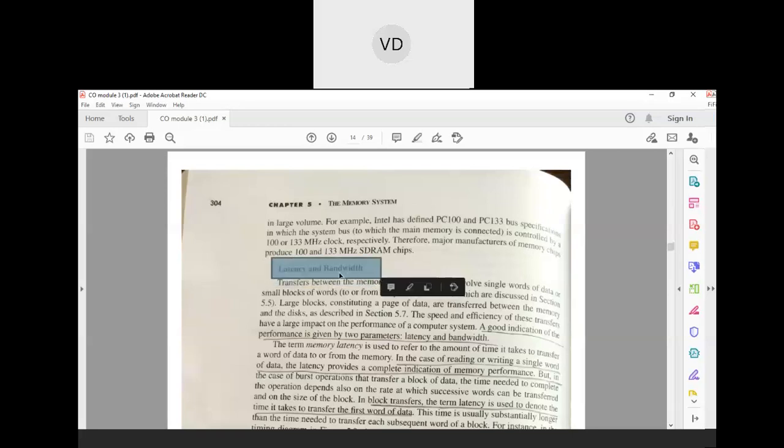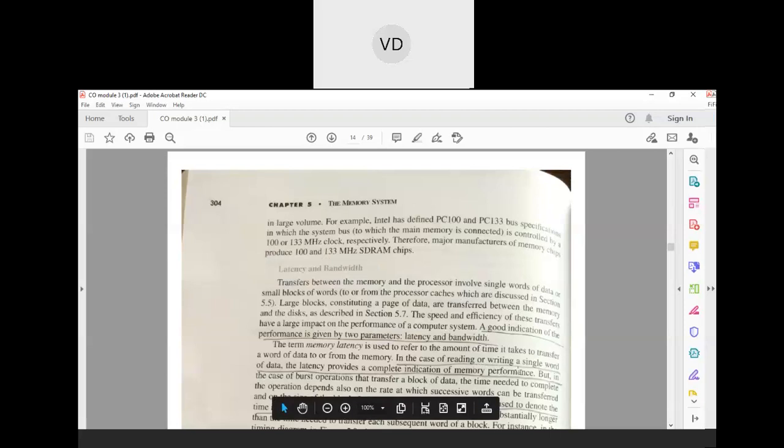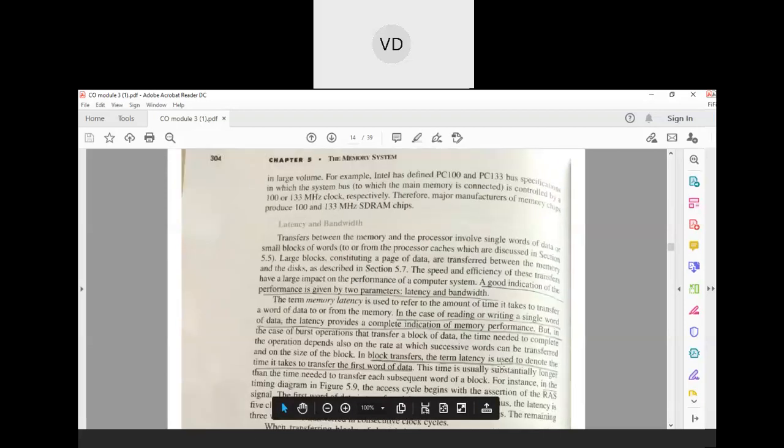Latency is termed as the delay. This delay is different when you are transferring one byte of data at a time, meaning one word of data at a time, and a complete block of data at a time. So what is the latency when you are transferring a word of data? In case of reading or writing a single word of data, latency provides the indication of performance. What does it mean?